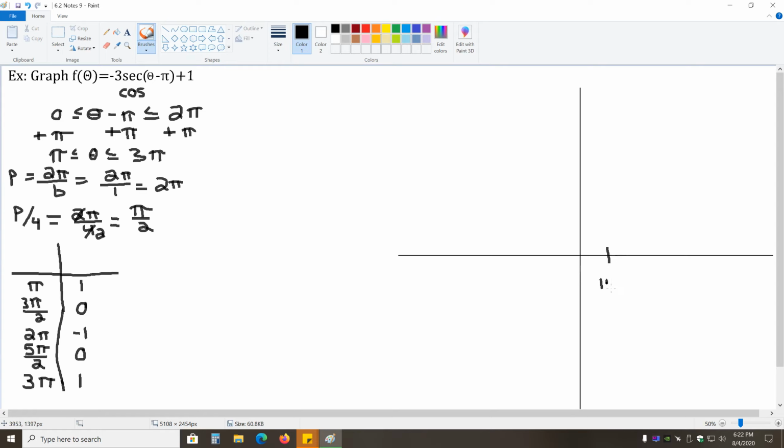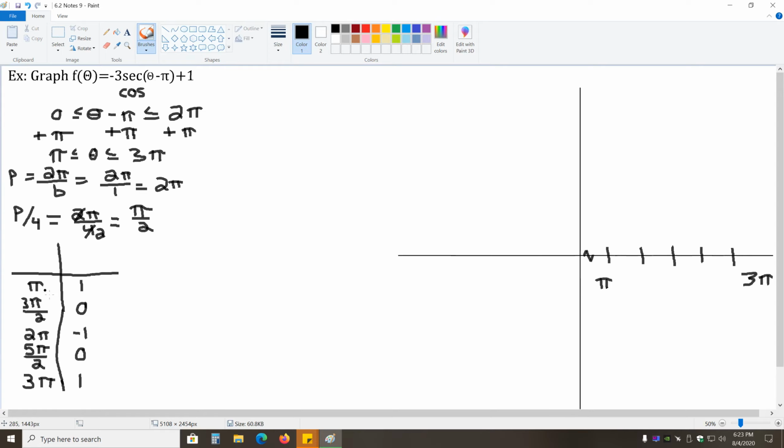We have our value at pi, and then 3 pi over 2, 2 pi, 5 pi over 2, 3 pi. You can always put this little squiggly here to show that you've made a jump to the first tick mark on your graph.